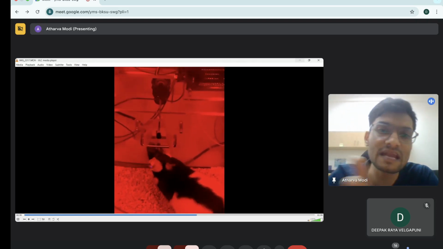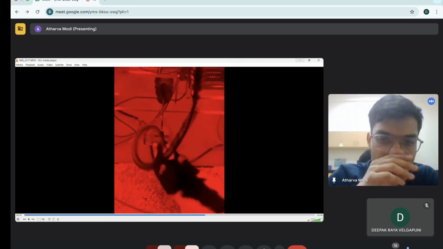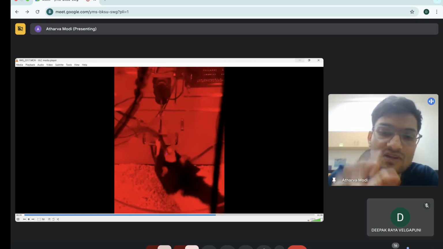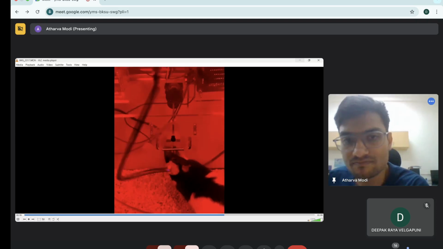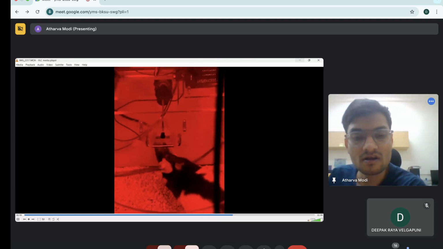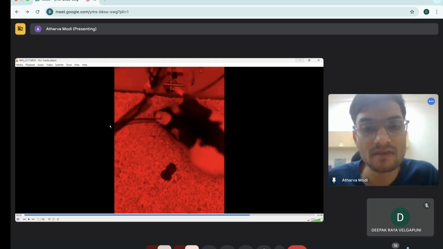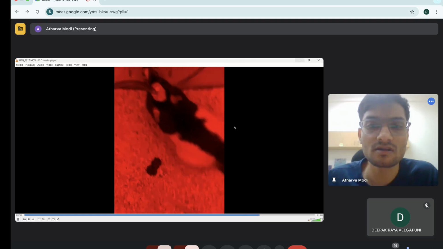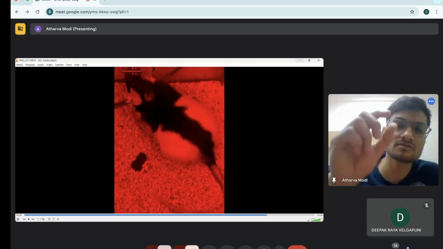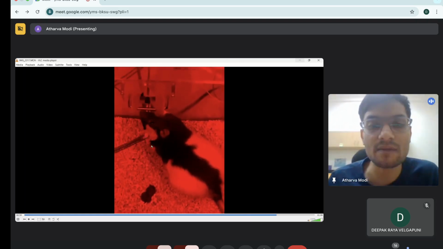This is a pretty lightweight thing on top of the head, and it doesn't affect the rat's performance much. We are doing it under red light so that it doesn't affect the output. So yeah, this is one kind of change that can happen.